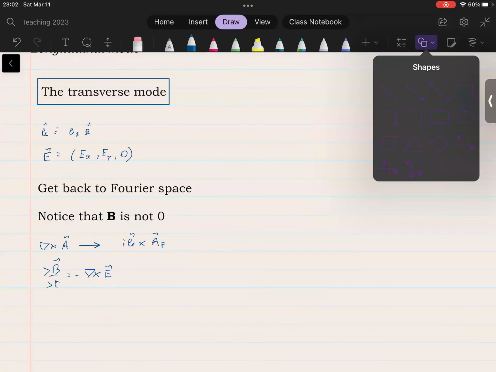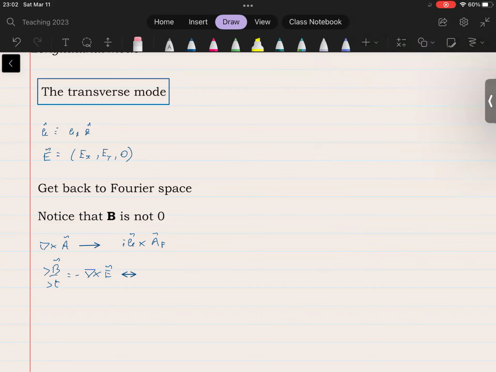So if I put this in Fourier space, that's going to give me that minus I omega B Fourier transform is equal to minus IK cross E Fourier transform, and therefore that B in Fourier space, as the I and minus signs cancel out, is equal to 1 over omega K cross E. So clearly there is a magnetic field in the transverse mode.